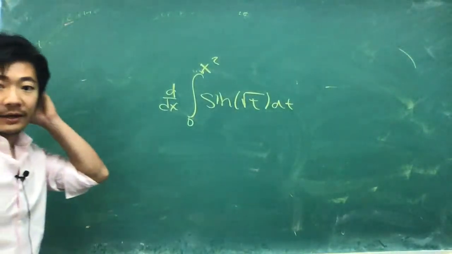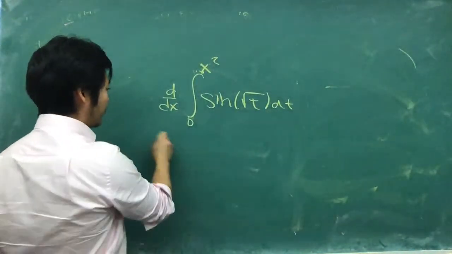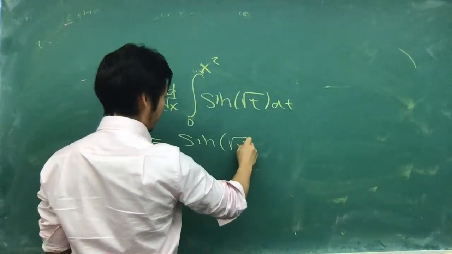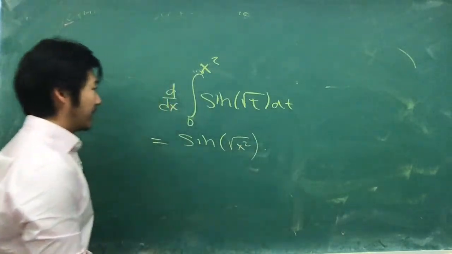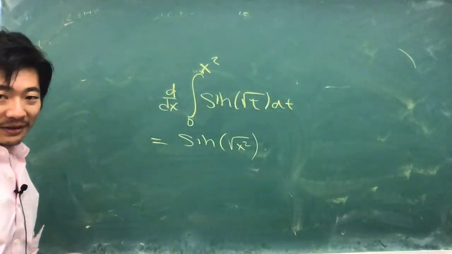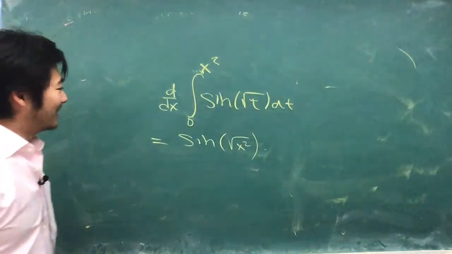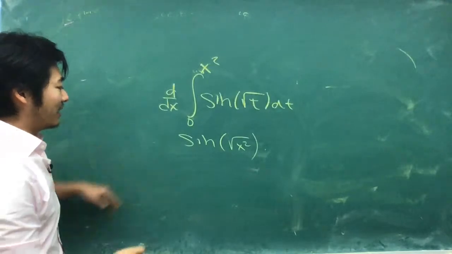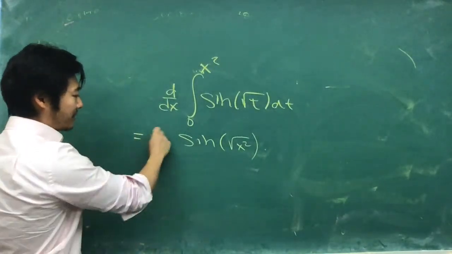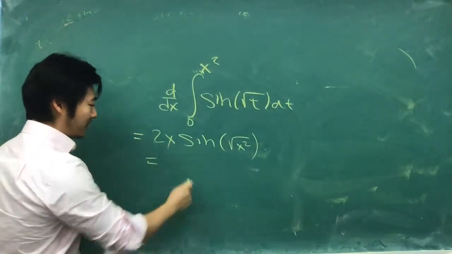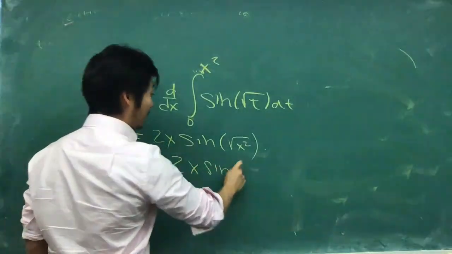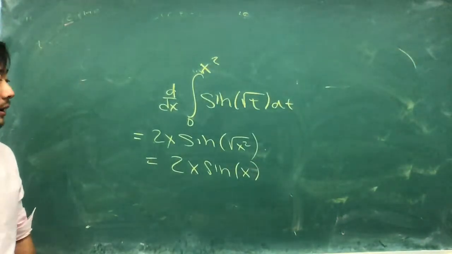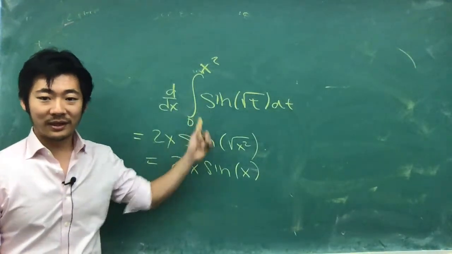This one is the fundamental theorem of calculus, so this is equal to sine, if you plug this in, and that's it. Question mark? It is not. If it's not just x, you have to multiply by the derivative of the inside by chain rule. So it's this times 2x. If you clean this up, this is 2x sine x. And then no plus c, because you're taking the derivative.